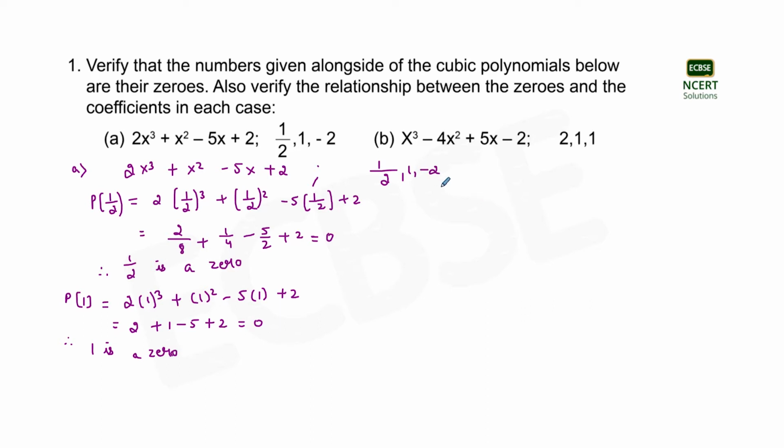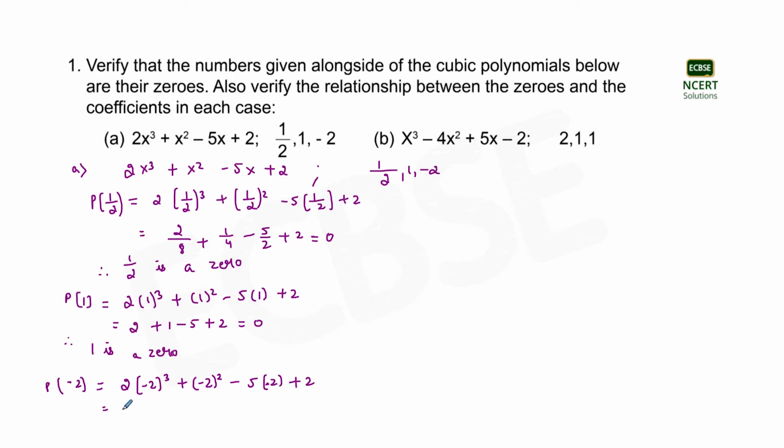Now coming to the third number, that is minus 2. Substituting the value minus 2 in place of x in the polynomial, we obtain 2 into (minus 2) cube minus (2) square minus 5 into minus 2 plus 2.